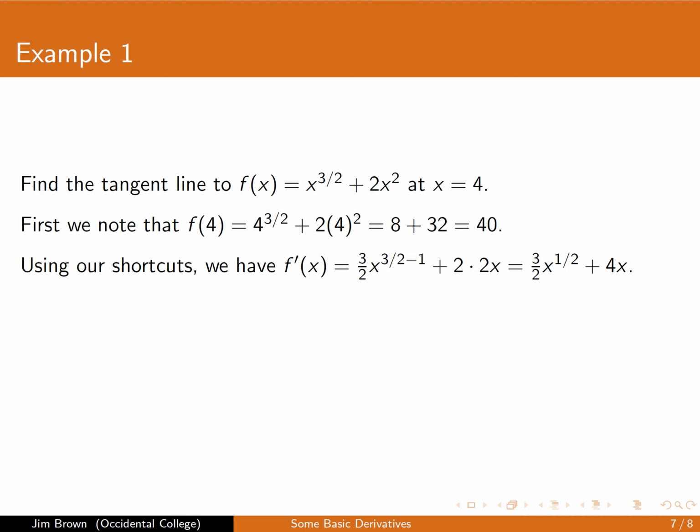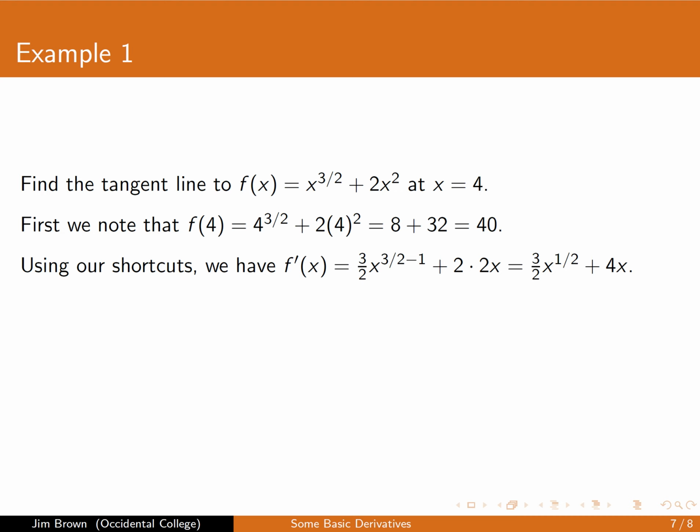Now we can take the derivative. If we think of these as two different terms, the x to the 3/2 and the 2x squared, we can use our power rule and then our two theorems we just had. To get the derivative of x to the 3/2, we bring the 3/2 down out front, and then we subtract 1 from the exponent. That gives me 3/2 x to the 1/2.